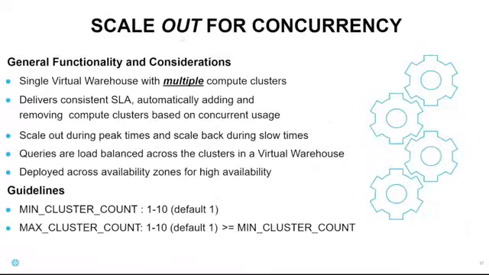If you want to scale out, that means you want to add new servers into your cluster to help you with concurrency. Let's say currently you have 10 users running queries on Snowflake, and Snowflake is able to accommodate all those 10 users' queries. Now suddenly your number of users increases from 10 to 50. The queries go into a queue and run longer.